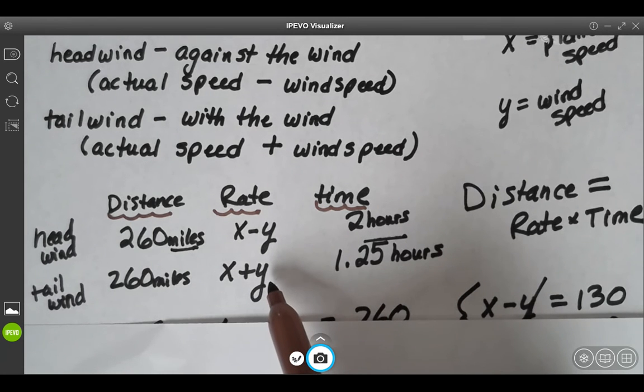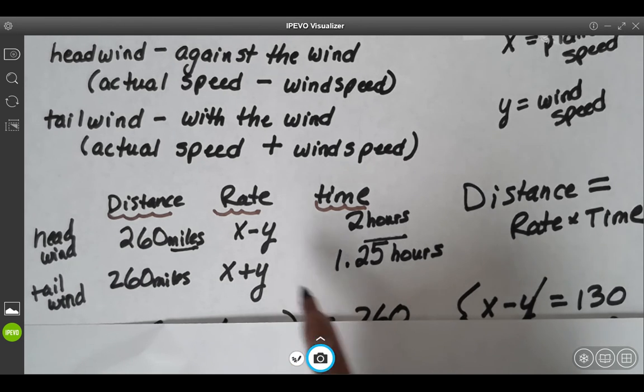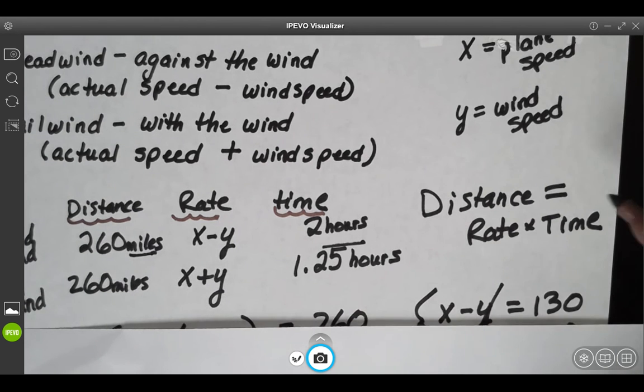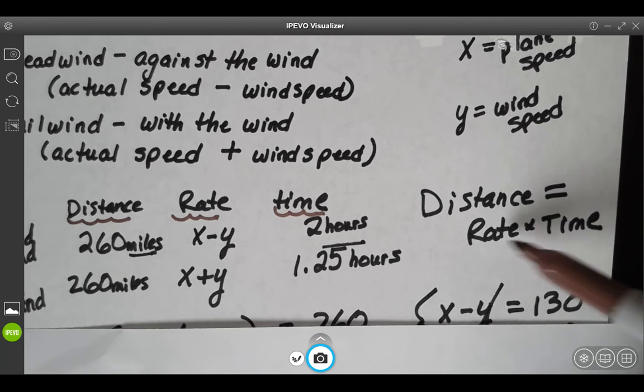For the tailwind, the rate is x plus y, the plane speed plus the wind speed, and our time is 1.25 hours. We want just one unit; we can't have hours and minutes. So that would be 1 and 15/60 hours, just 1.25, or 1 and 1/4 hours. And remember the formula: distance equals rate times time.